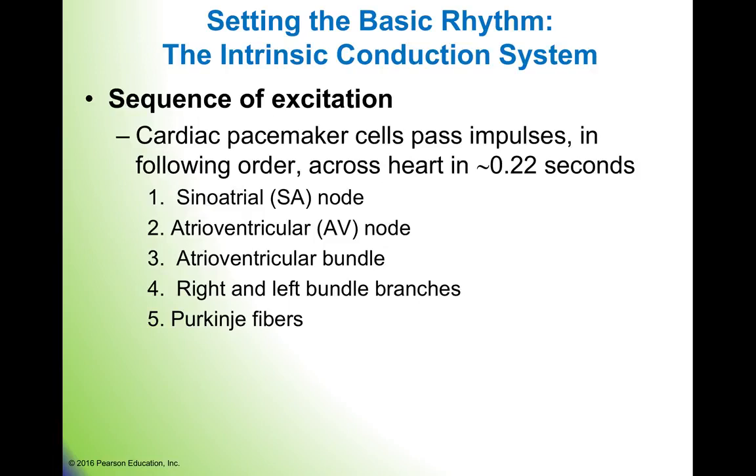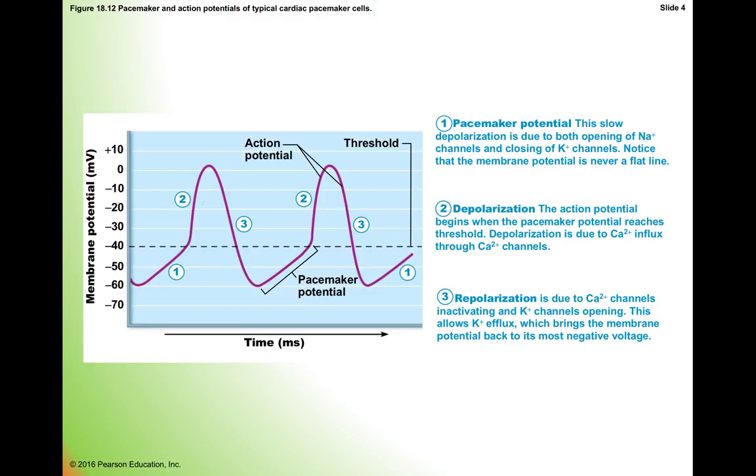We discussed previously the three steps that are involved in creating the action potential within your non-contractile cells, and the three steps were: pacemaker potential, which relies on sodium influx; the depolarization part of the action potential, relying on calcium influx; and then the last step is repolarization, which relies on potassium efflux, or potassium leaving the cell.